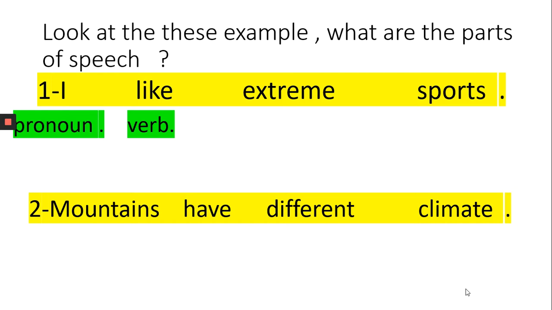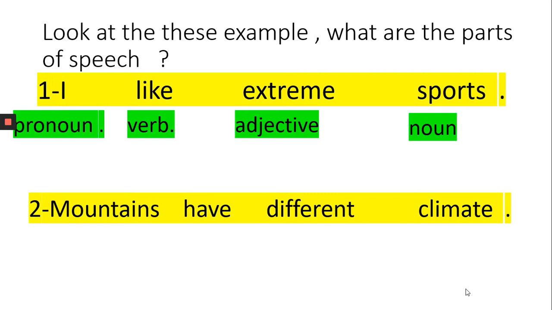Means they are dangerous or they need a lot of effort to practice. It's an adjective. Very good. And what about the word sports? Sports is a noun. A noun is any word that shows an object or an activity or maybe an idea.